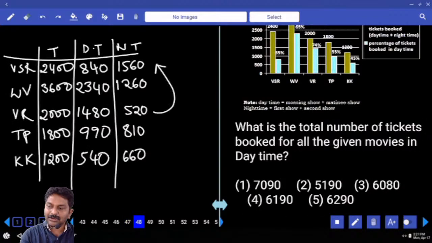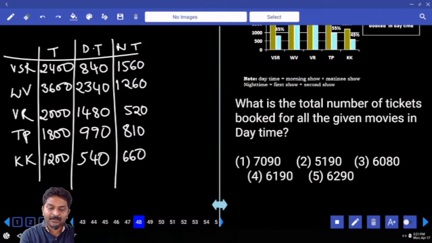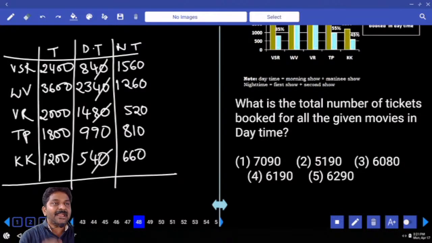What is the total number of tickets booked for all the given movies in daytime? Okay, now daytime. Let me first calculate the last 2 digits. 40, 40, 40. 120, 80 plus 90. 2 carry and 90 is there.